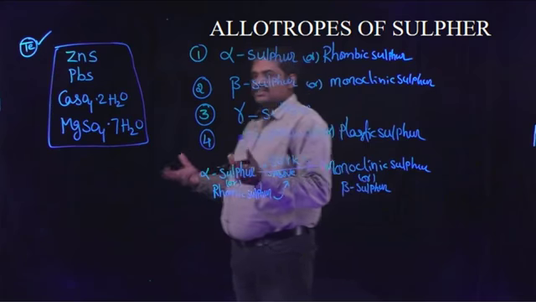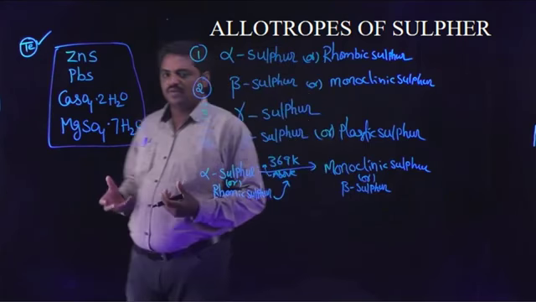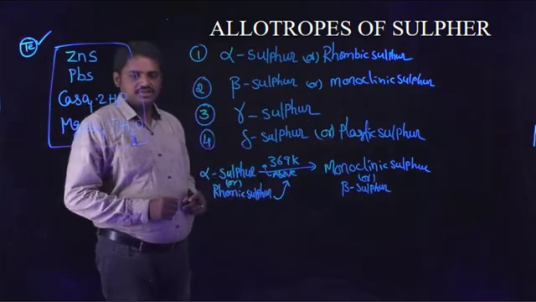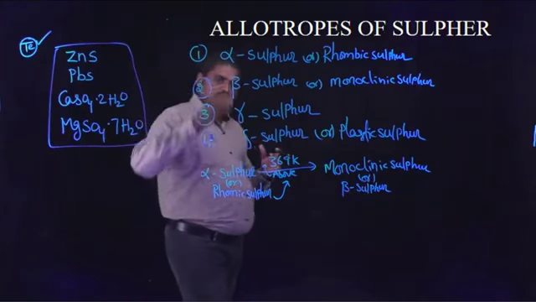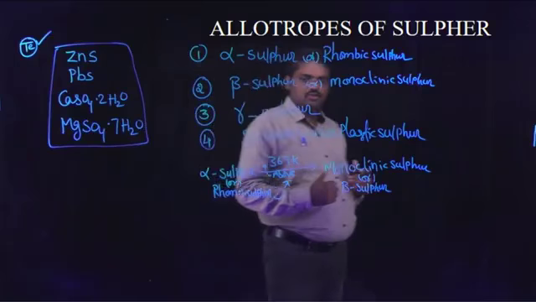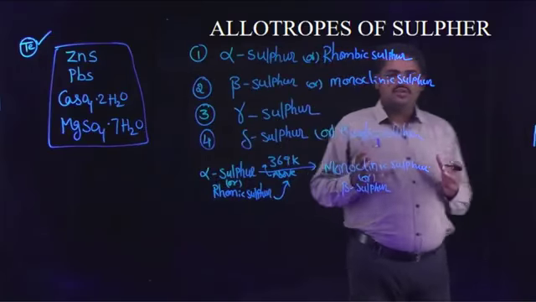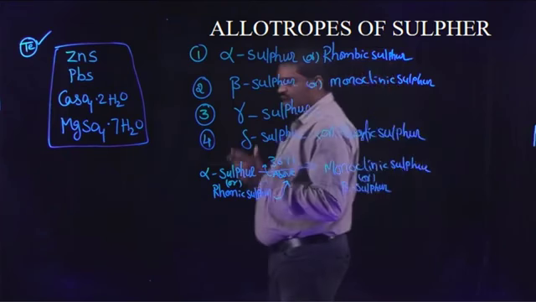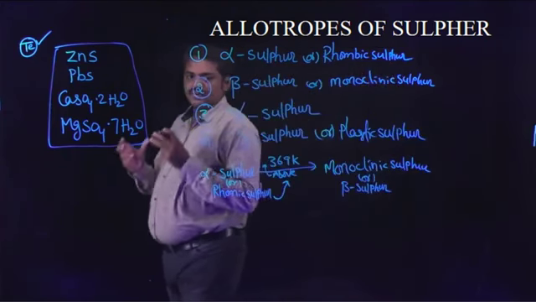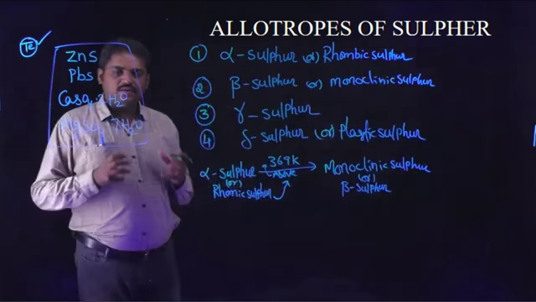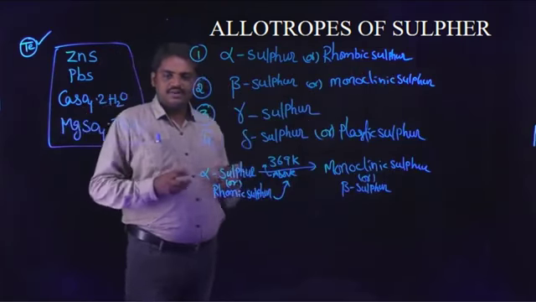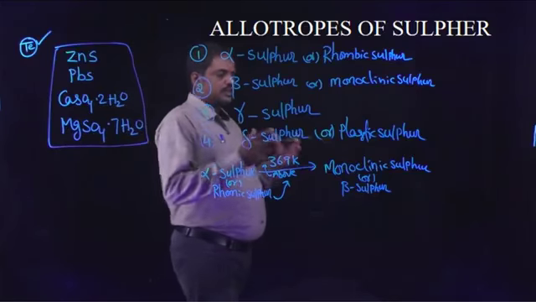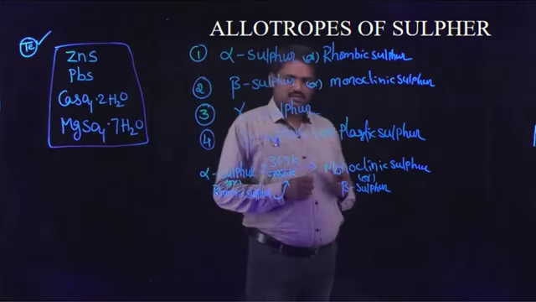Alpha sulfur or rhombic sulfur is the stable allotrope at room temperature. In total, 4 types of allotropes are observed. Which allotrope is more stable at ordinary conditions? Alpha sulfur, the rhombic sulfur. This is more stable compared to the other allotropes.